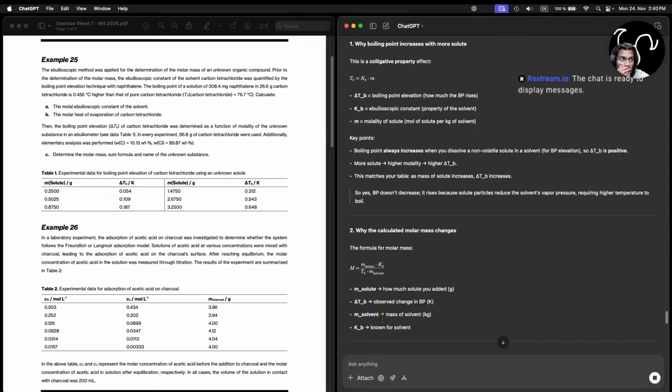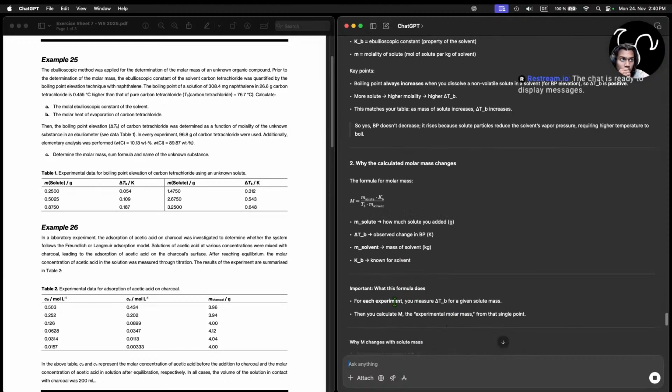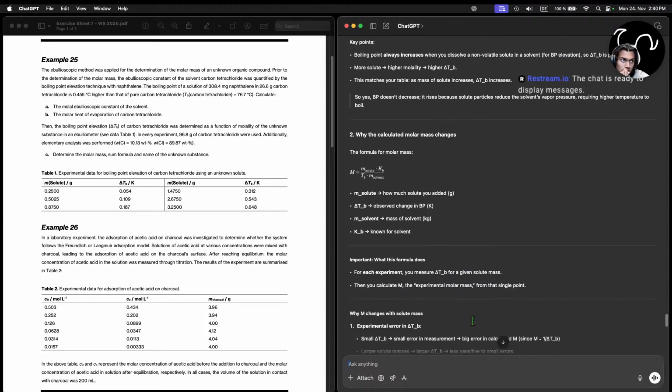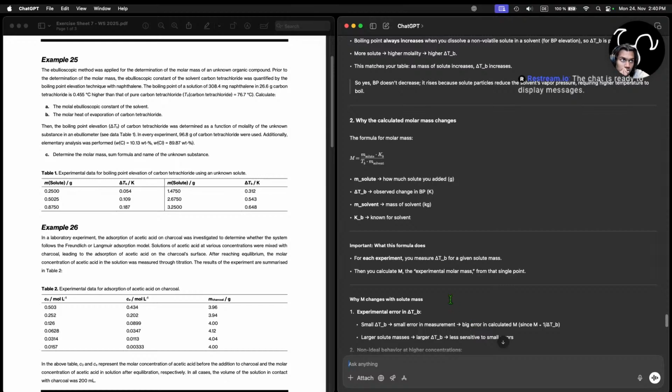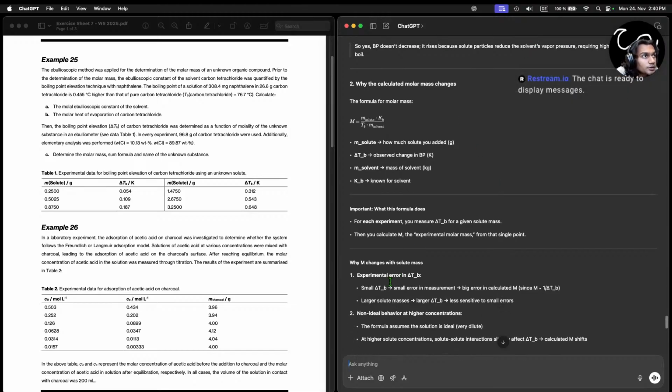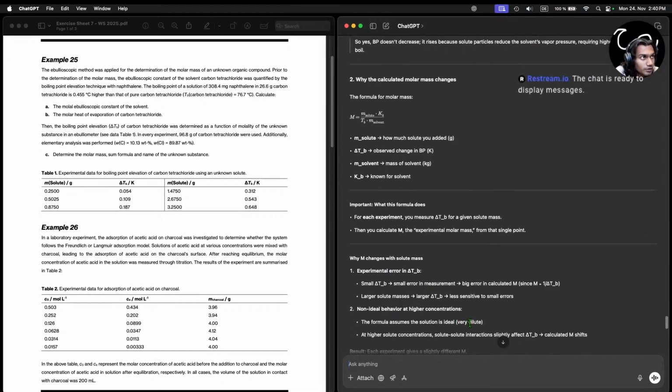How much solute you added is important for each experiment. Okay, this is more like an experimental molar mass. Okay. Experimental errors, non-ideal behavior at higher concentration.